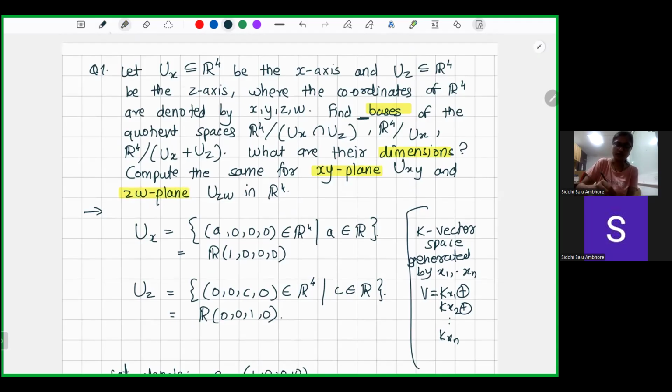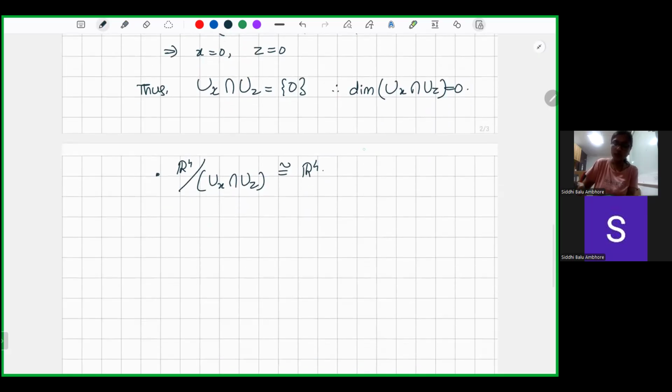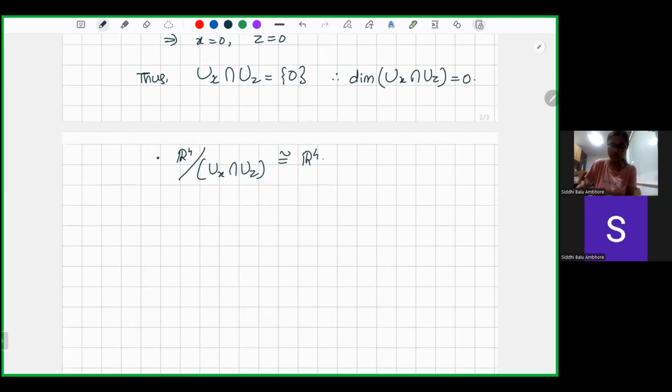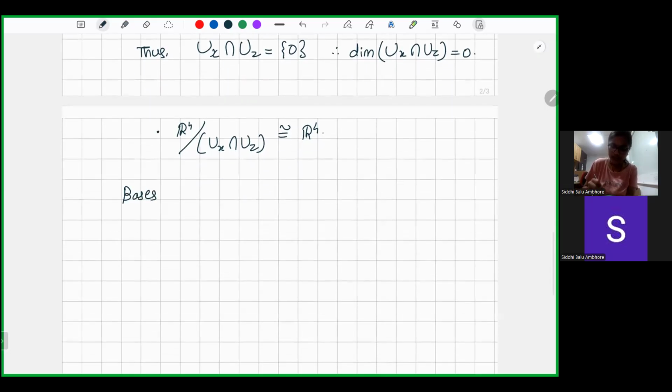So UX intersection UZ is 0, and R4 quotiented by it is R4, that is R4 quotiented by just 0, isomorphic to R4.